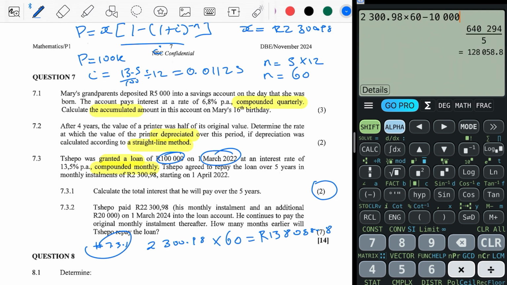You say that minus 100,000, and the interest is equal to 38,058 rand and 80 cents. So that's the interest. Does this make sense? We haven't done anything, we just used common sense, which is very beautiful. 38,000.